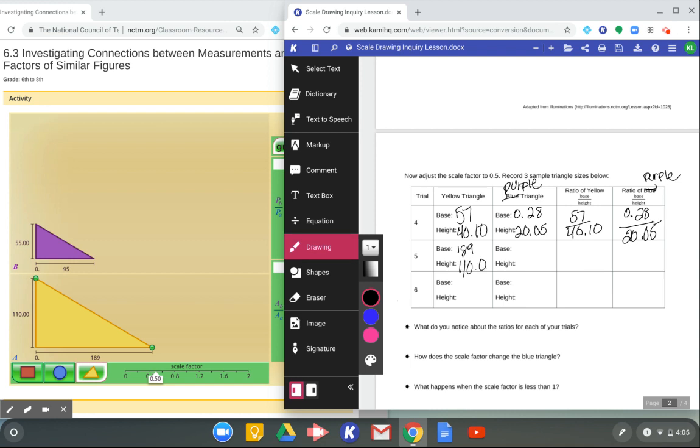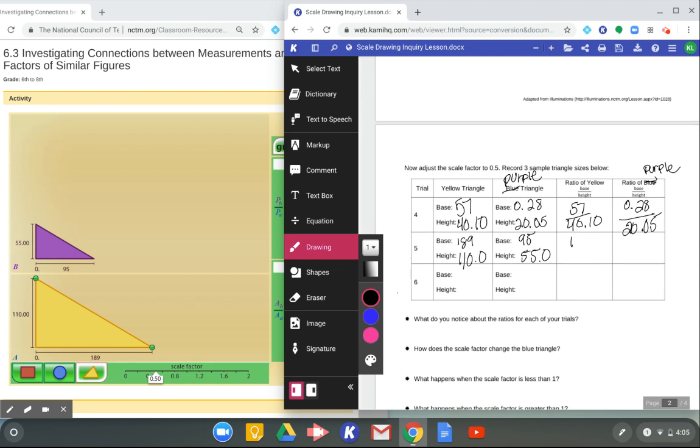And then for my purple triangle now, I have a base of 95 and a height of 55. So again, ratio base over height for the yellow would be 189 over 110. And then for the ratio of the purple, the base is 95 over 55.